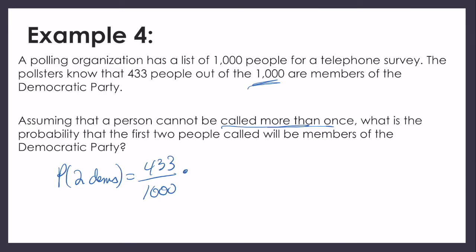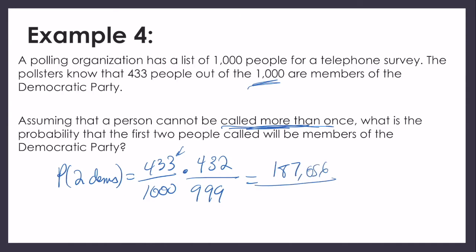But then after that, if I called a Democrat, how many Democrats do I have left? One less, which is 432, out of 999 people left to survey because they cannot be called more than once. That's going to give me 187,056 out of 999,000.